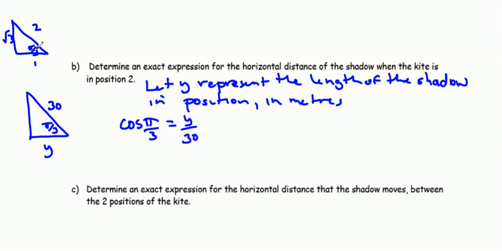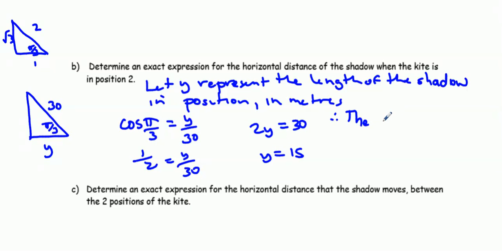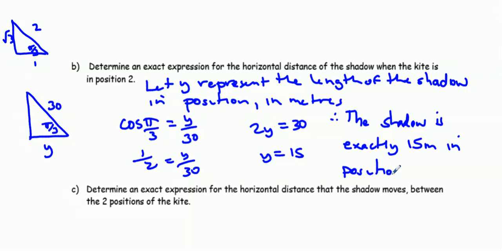And so the cos of pi by 3 is a half, adjacent over hypotenuse, equals y over 30. Cross multiply, 2y equals 30, and y equals 15. Therefore, the shadow is exactly 15 meters in position 2. Okay. So far, so good.